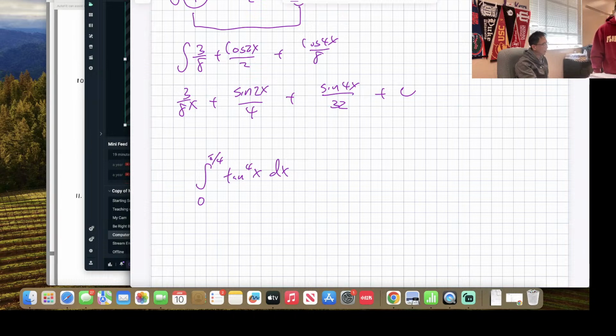How would you do this? I'm trying to think about what you're doing, because I was converting this here, and then trying to convert it to secant squared minus 1. Wait, can I? That works, no?